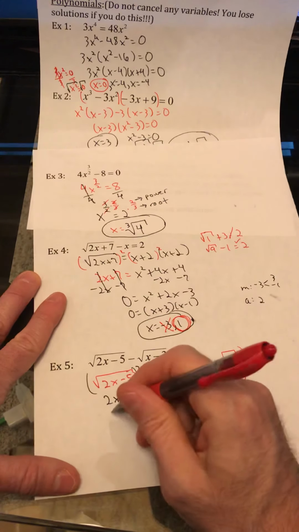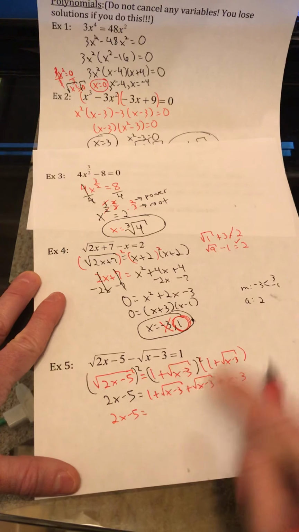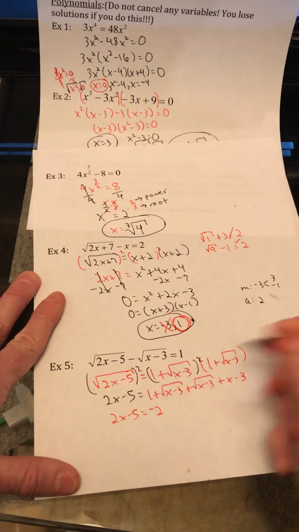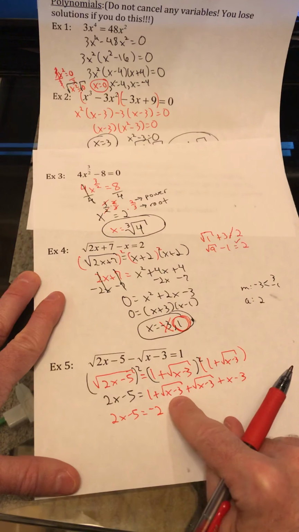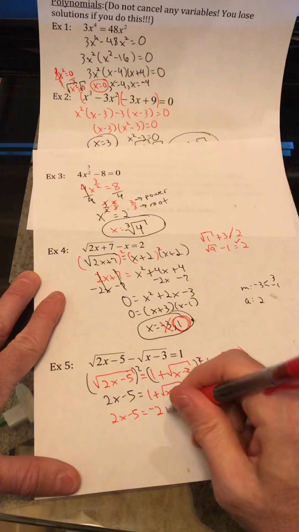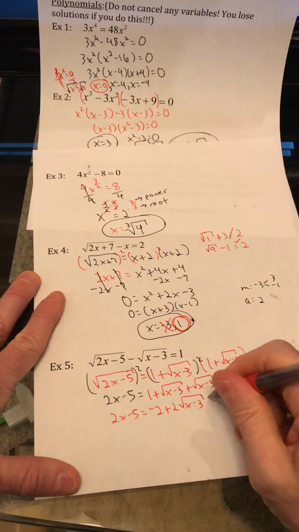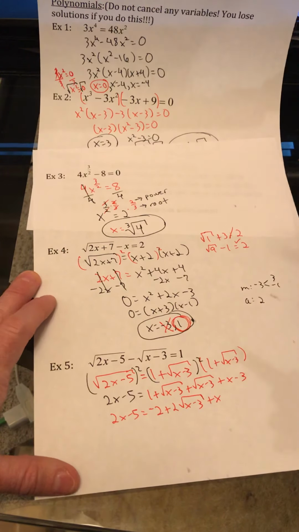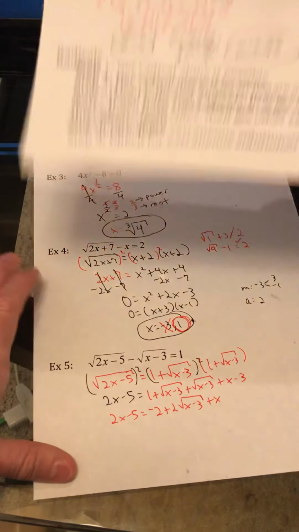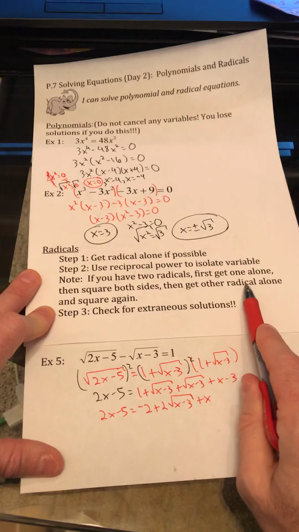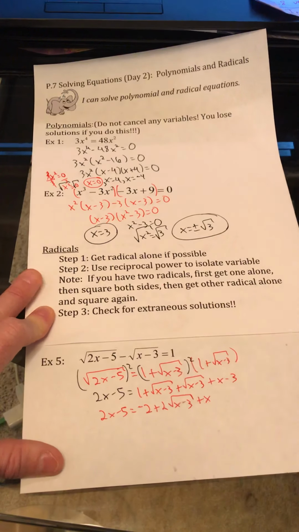So from here, I am going to combine like terms. The 1 and negative 3 gives us negative 2. There's 2 radical x minus 3's, and then x. Now, from here, coming back to the steps, we need to get the other radical alone.